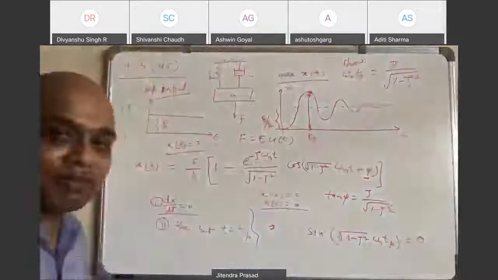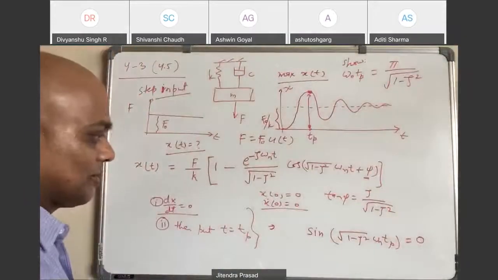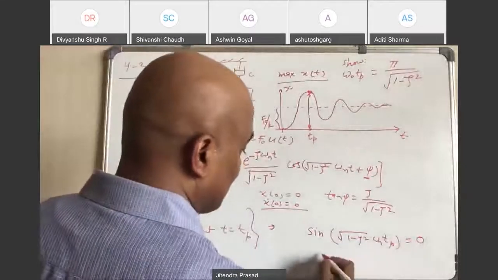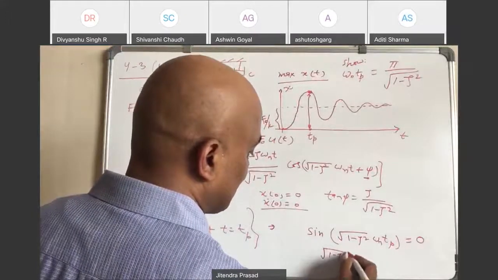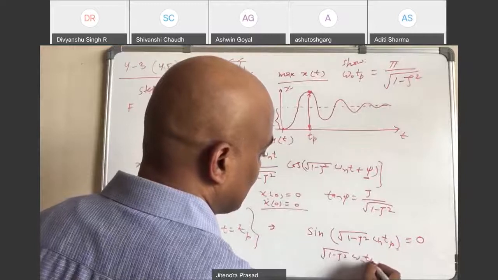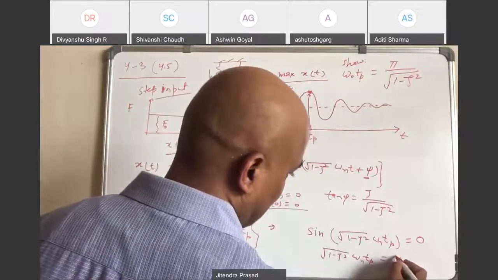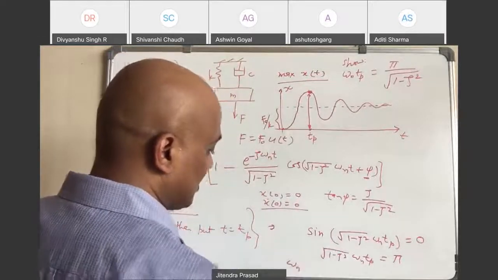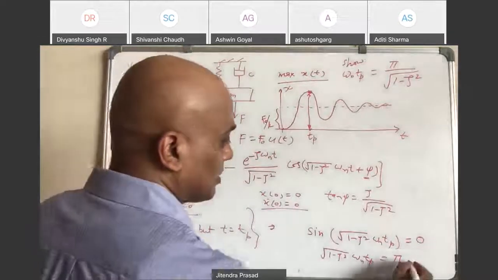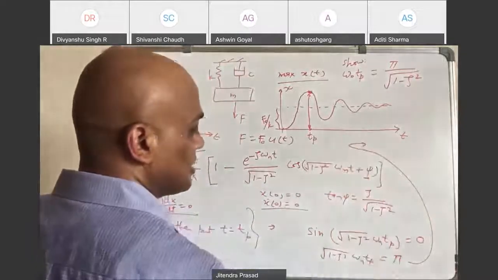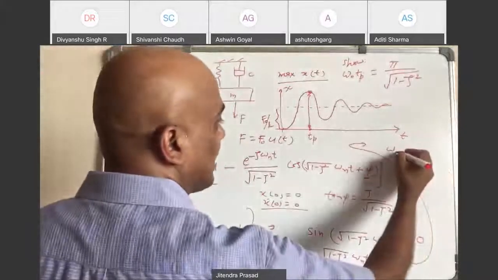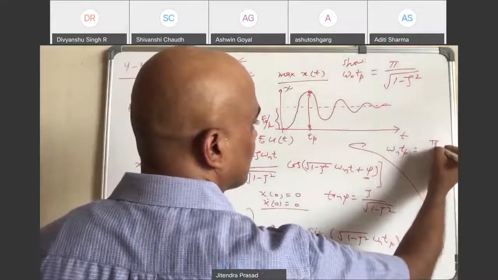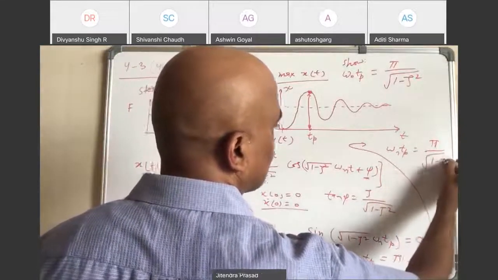That's what we will find out finally. And that really means root 1 minus zeta square omega n Tp is equal to pi, and hence you will get omega n Tp is equal to pi over root 1 minus zeta square.